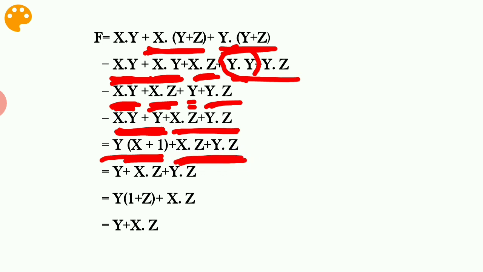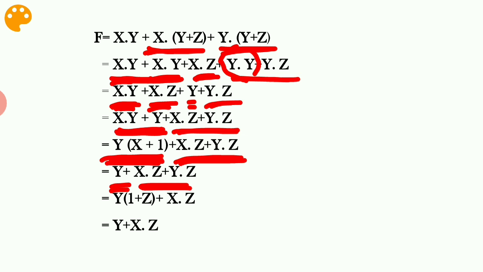Now what is 1 plus A according to Boolean algebra? 1 plus A is 1 itself. In Boolean algebra, any term added with 1 will yield 1 itself. So this first term is simply Y into 1, which is Y. Now the rest of the terms are X into Z plus Y into Z.